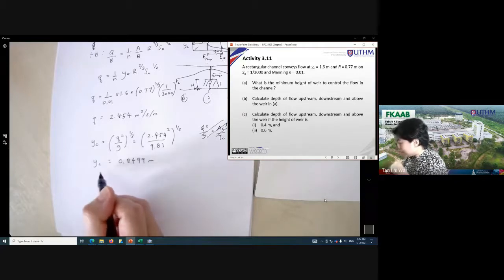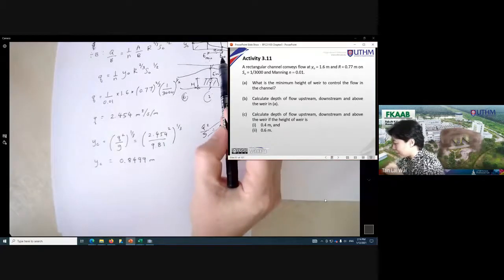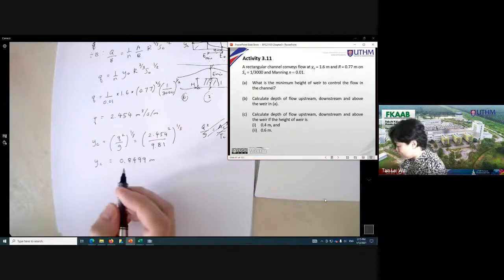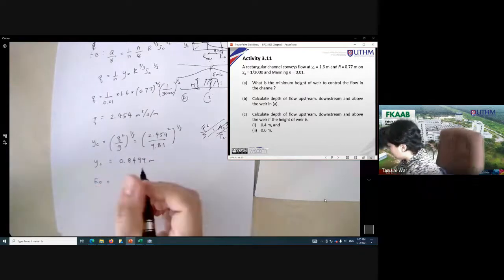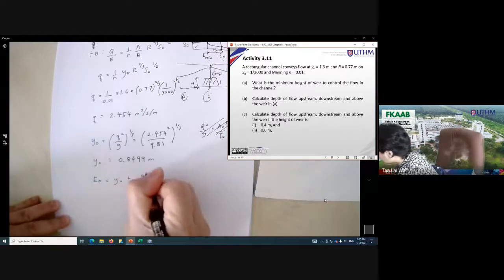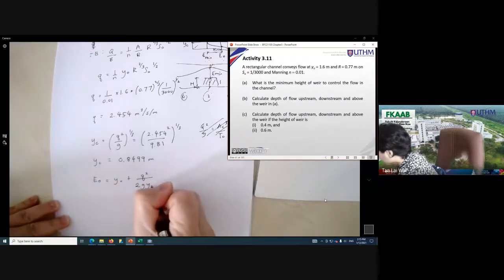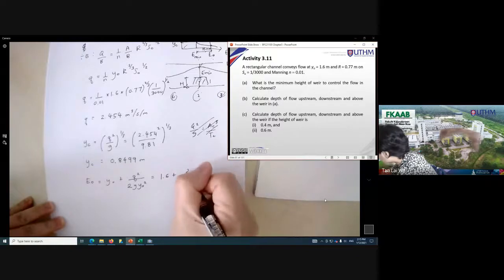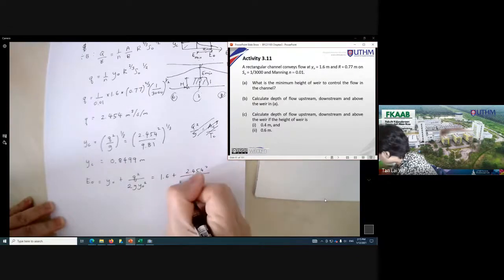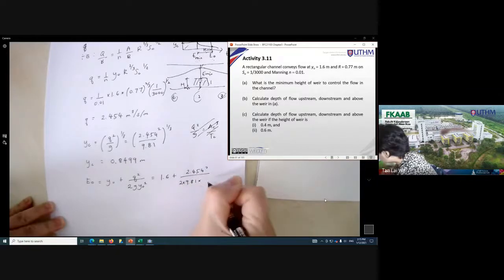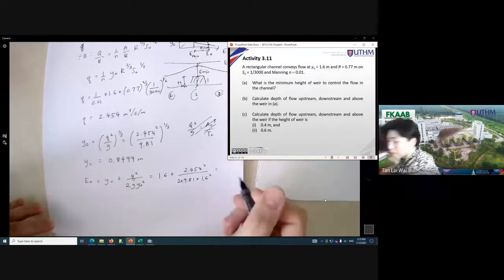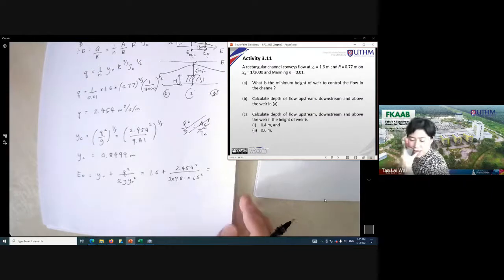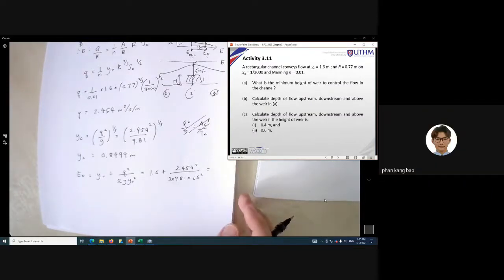So after I get YC, I can actually find my E naught based on Y naught, and E min based on YC, in order to get my H min. So E naught is... can you help me find E naught? 1.719.